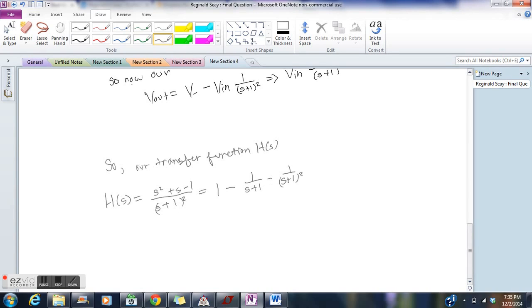There's our transfer function. Now to find our other function, which is our impulse response, we do the inverse Laplace of it. So we do the inverse Laplace of H, and we have it.